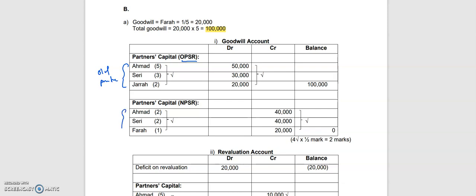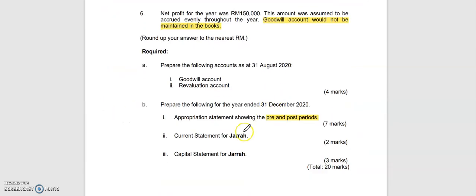So you will transfer the asset to the new partner. So the new partner will take at their profit sharing ratio. And this amount, don't forget, okay, you will record in the next double entry to the partner's capital statement. So based on the question, you are required to open the capital statement but only for Jarrah.